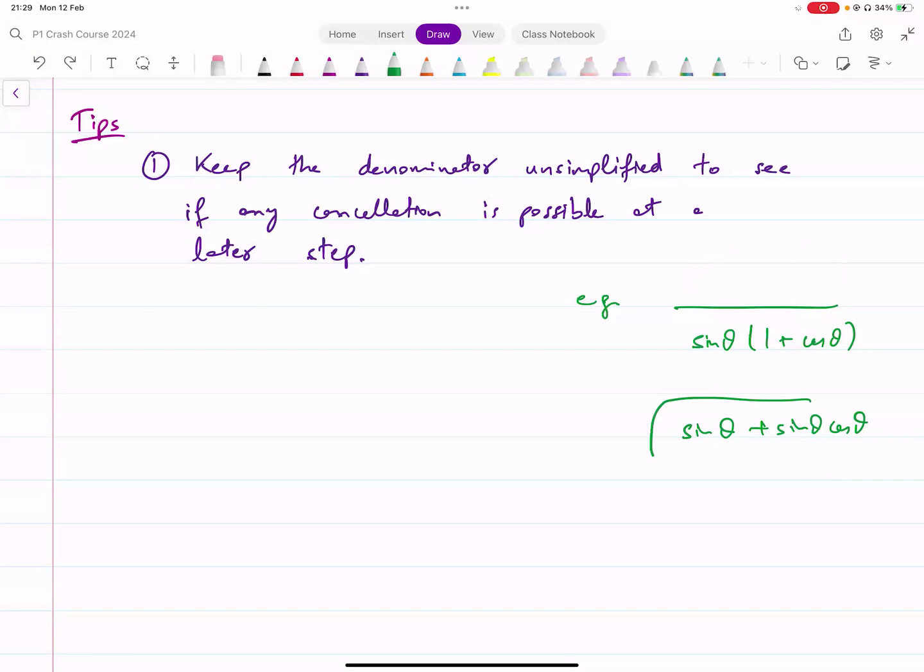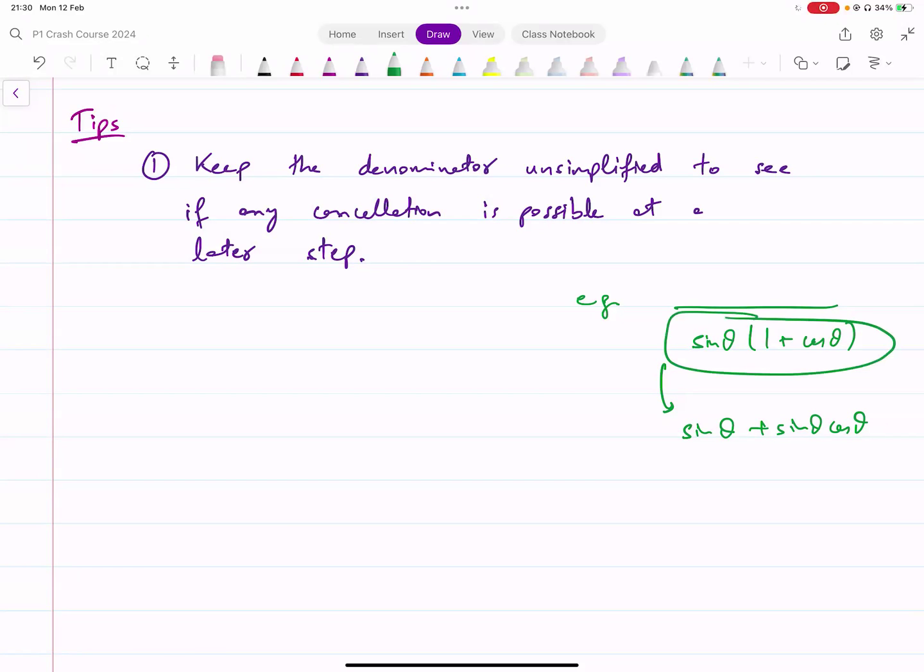And if you write it like this, you might not be able to figure out that you could actually factorize this like this and then cancel that out. You can go back as well, but it doesn't come to your mind very easily then. So it's much easier if you keep it in this factorized form.